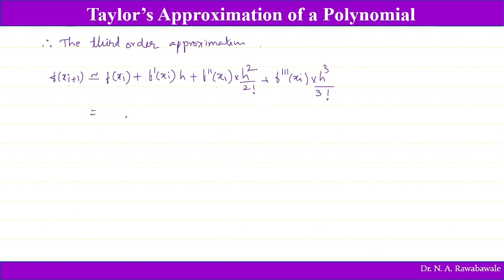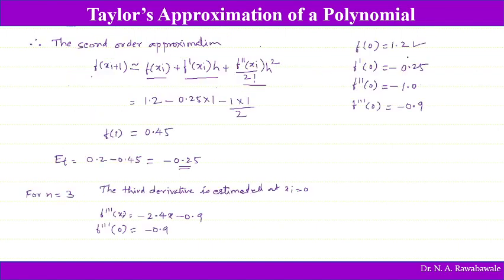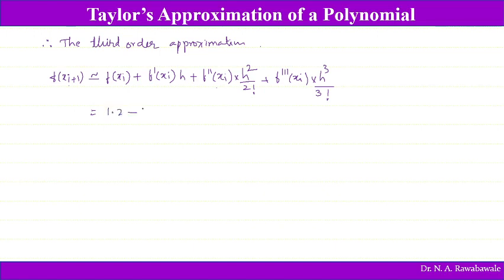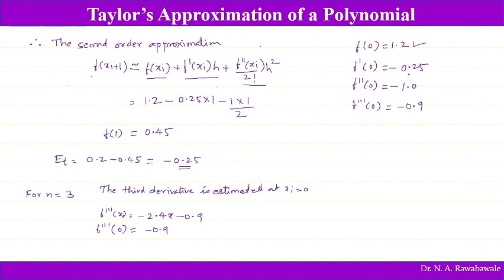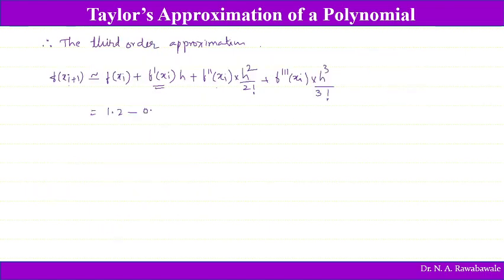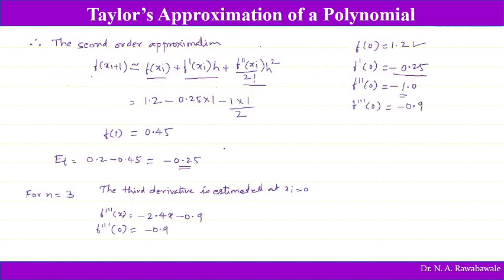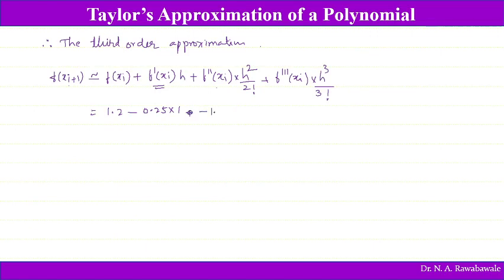So now this is equal to f of xi, that is f of xi which is 1.2, minus of f dash of xi is minus 0.25 into h value is 1, plus of f double dash of xi is minus 1.0 into h square, h value is 1, divided by 2 factorial, 2 factorial is 2, plus f triple dash of xi is minus 0.9 into h value is 1 to the power of 3 is 1, 3 factorial is 6.